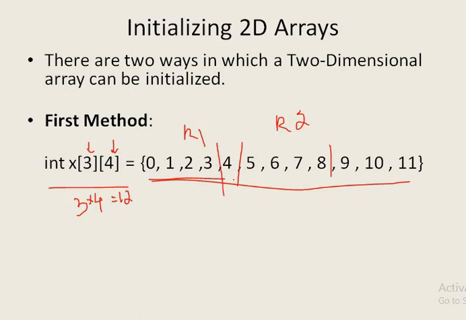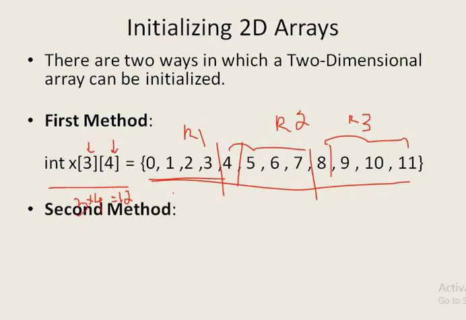The first row elements will end here, the second row elements will end here, and the third row elements will be 8, 9, 10 and 11. So, the third row elements will be these 4 elements. Okay, so this is how the first method of initialization works.